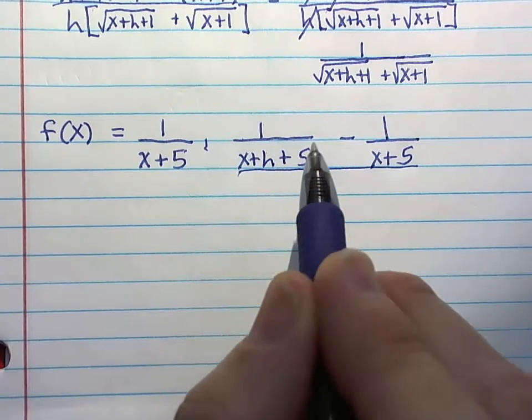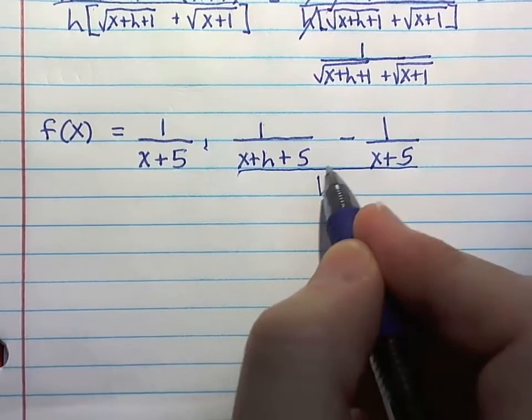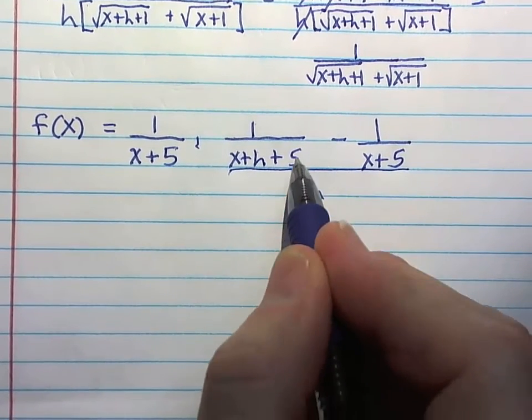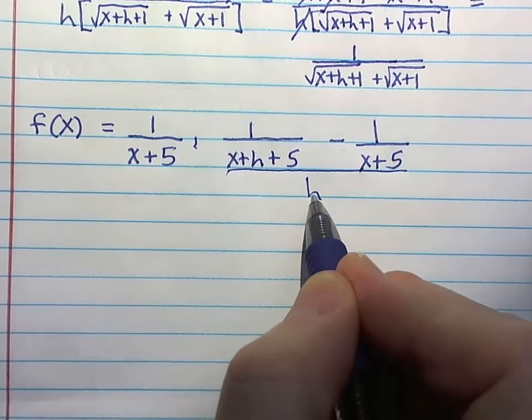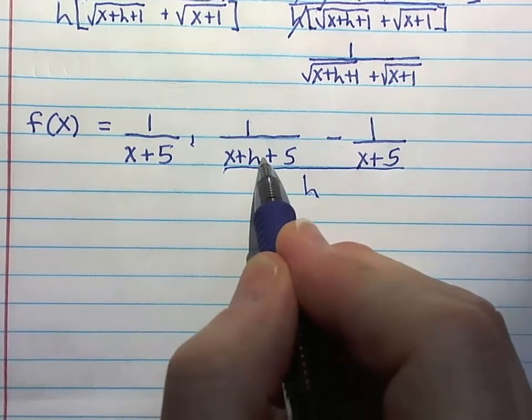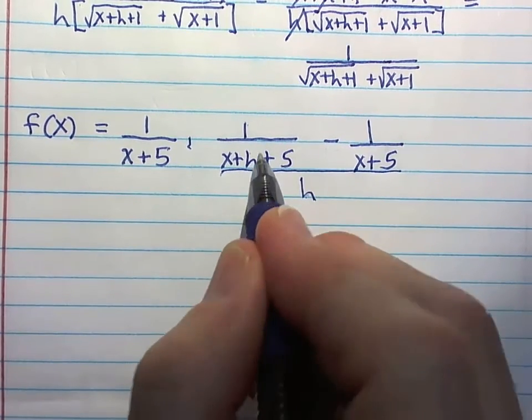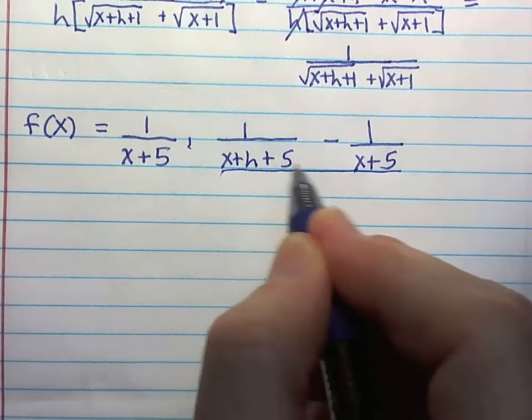We would like to not have that situation. We would like to hopefully get to the point where we would have an h up here that would cancel with this one down here. But right now, this h is in the denominator. So what we want to do is think of a way to get rid of that.